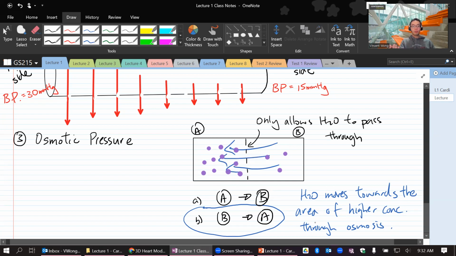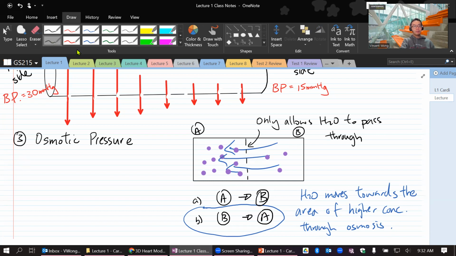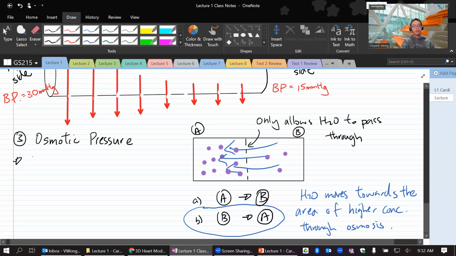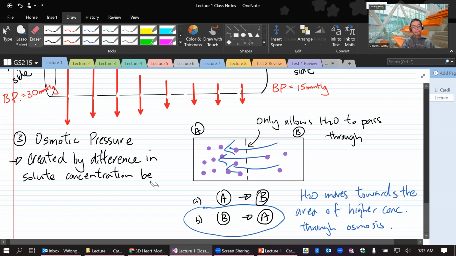And this is what osmotic pressure is. Osmotic pressure is created as a result of a difference in solute concentration across the vessel wall.